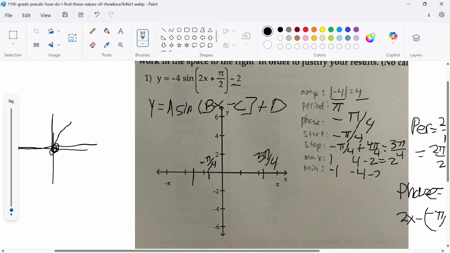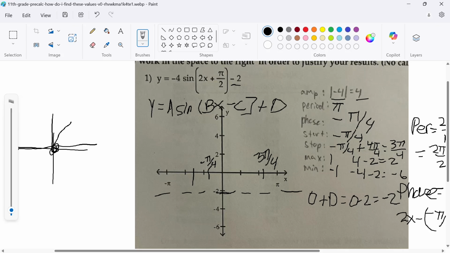Negative 4 minus 2 equals negative 6. And the midline is where sine usually starts, 0, plus d, which is 0 minus 2, which is minus 2. That's the new 0.